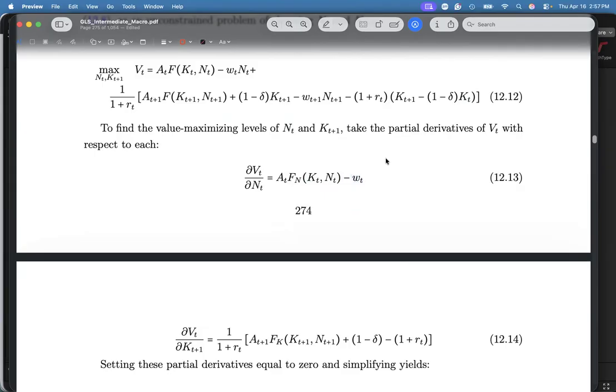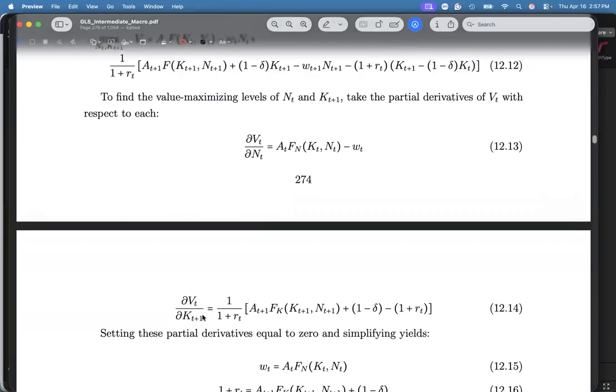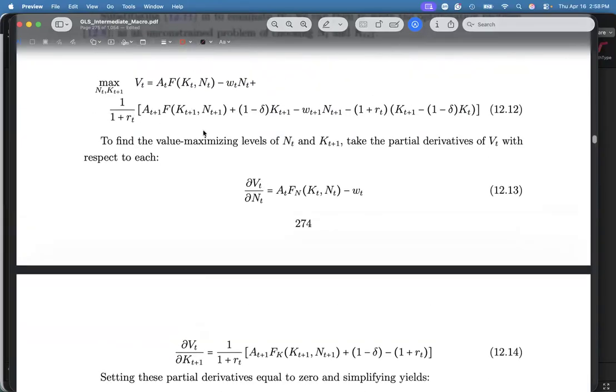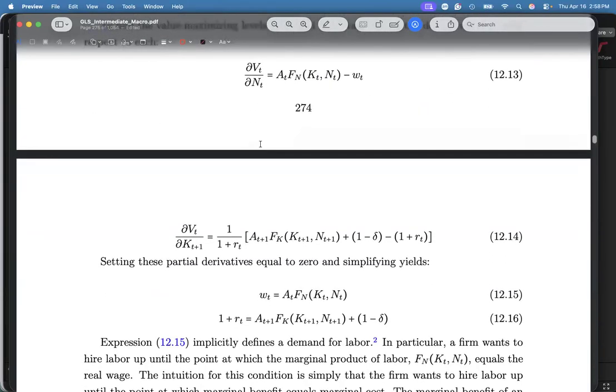So unang question, perhaps the more interesting one is KT plus 1. And as we said, KT plus 1 all happens into the future, right? So if it all happens into the future, then it's gonna be the product of 1 over 1 plus R times whatever's on the inside of the bracket here. And all of that will be equal to 0. Since the RT is exogenous, some number, 1 over 1 plus R will never be 0.